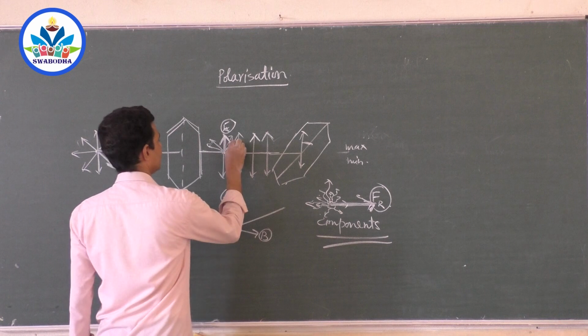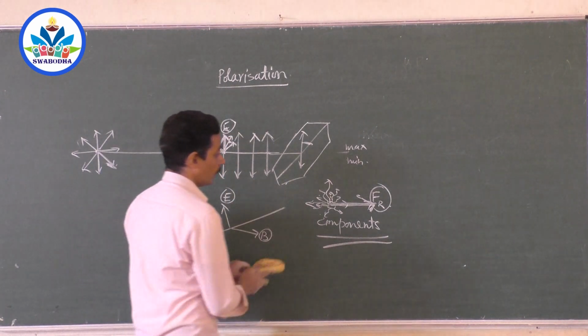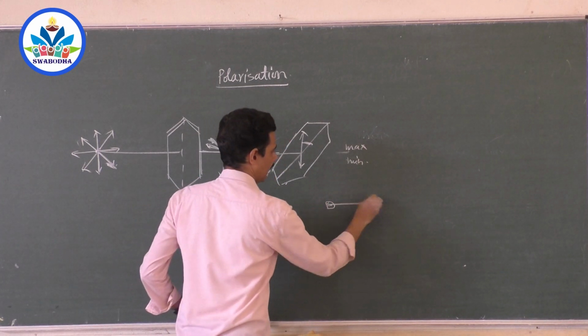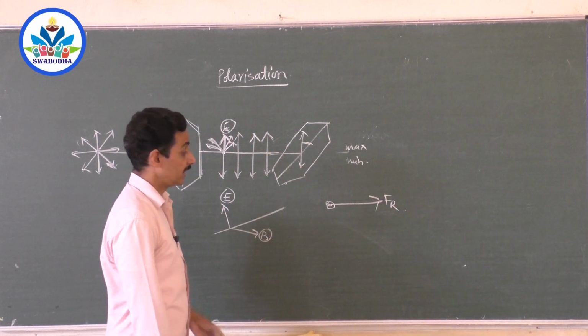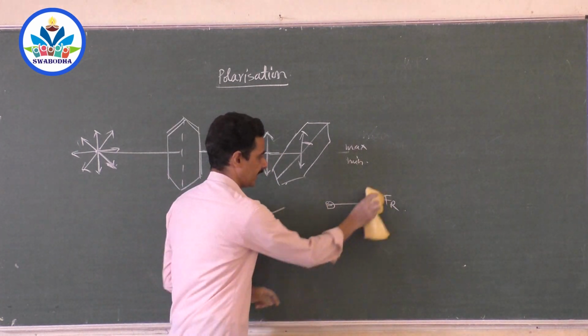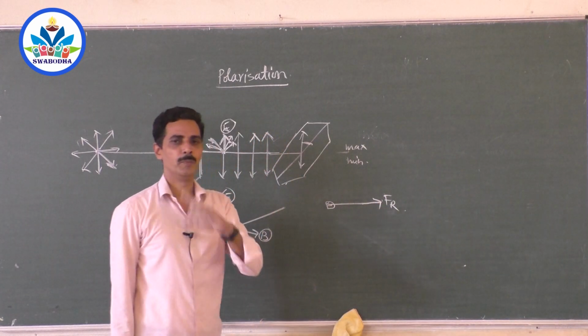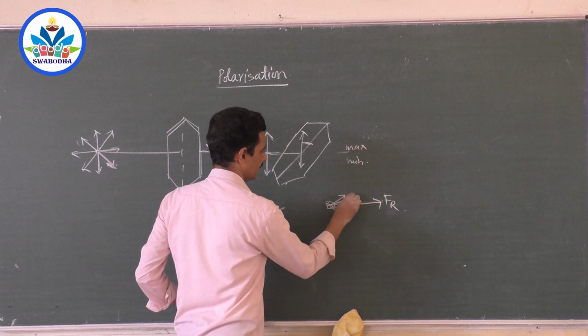Electric fields may be like this, like this, like this. But remember, whenever you get the components, suppose this is the food particle, and it is finally moving in the resultant direction like this. If the resultant has to be in this direction, then most of the components must be acting very close to this.